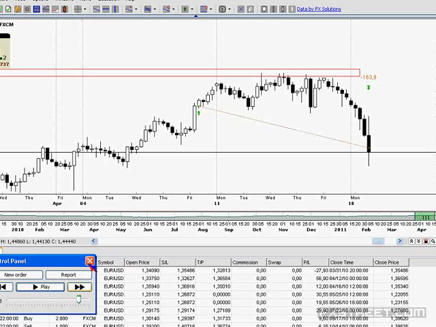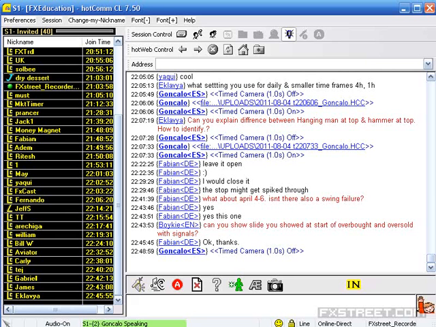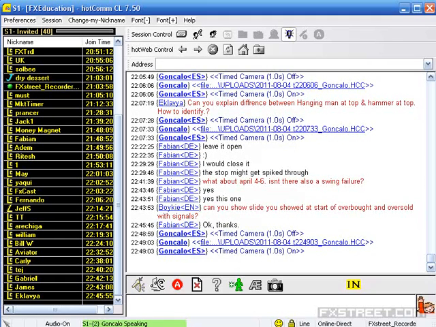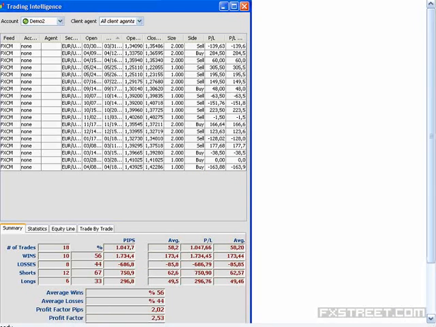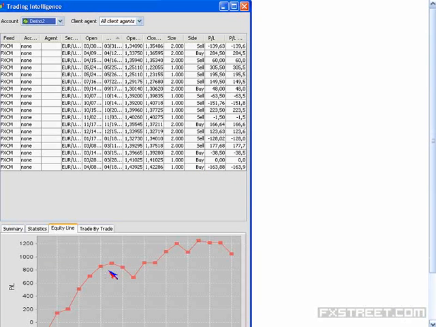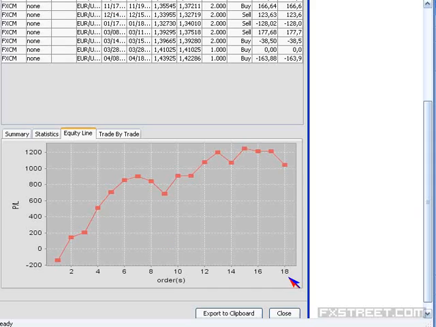We will close the trade. I think we can get a report by clicking here. Let me show you the report by opening the other window. And here we have the equity line, the number of trades.